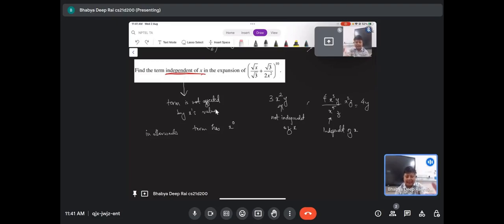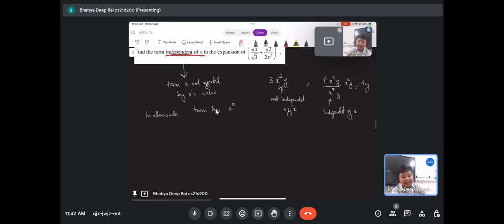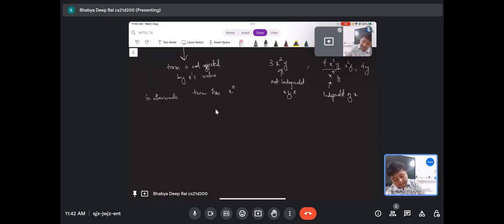So now the question becomes simple. The question is simply asking, tell me which term it is such that the power of x is 0. Now how do I find that? Let such a term be the rth term.